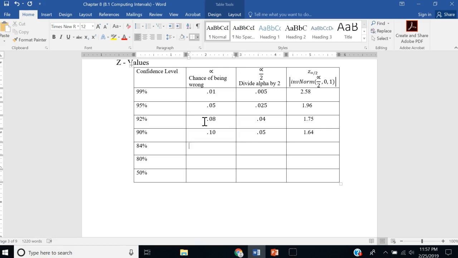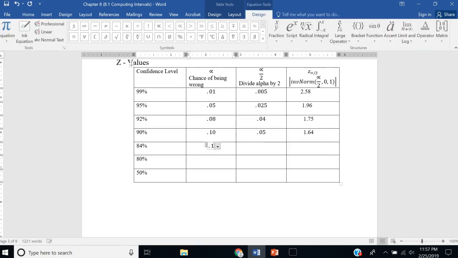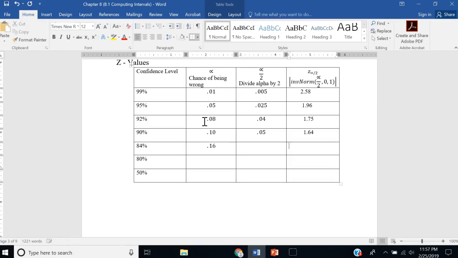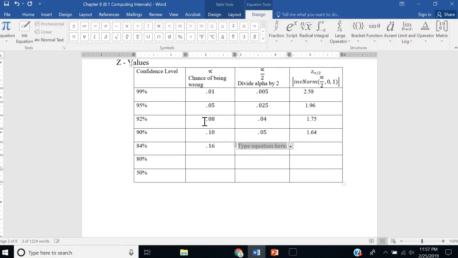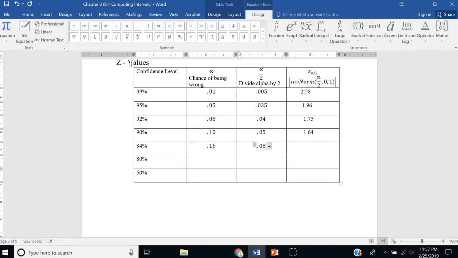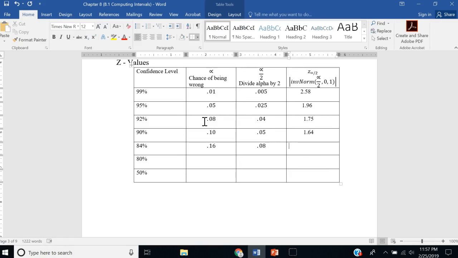84% would mean a 16% chance we get it wrong. Each tail would be size 0.08. And when you do your inverse norm of 0.08, that turns out to be 1.41.